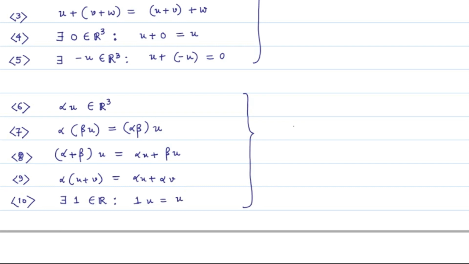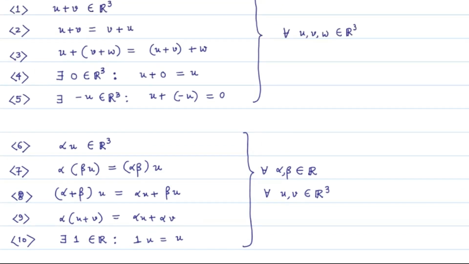These five properties are true for every given scalars alpha, beta, and every given vectors u and v in the three-dimensional Euclidean space. These 10 properties altogether are so fundamental that with the help of these 10 properties, we define abstract vector spaces over the scalars taken from the real number set.